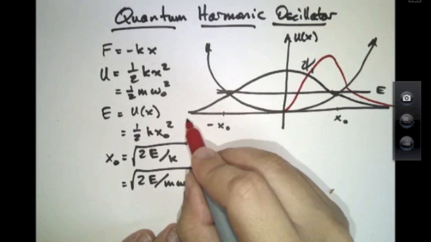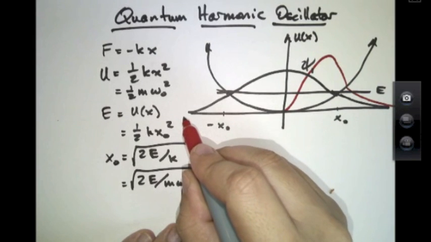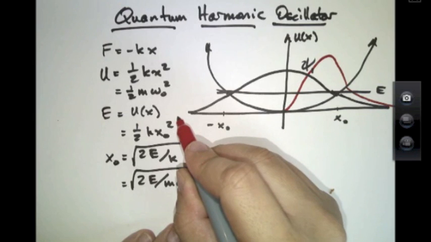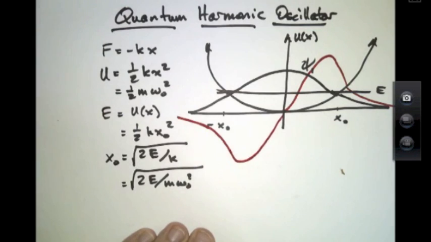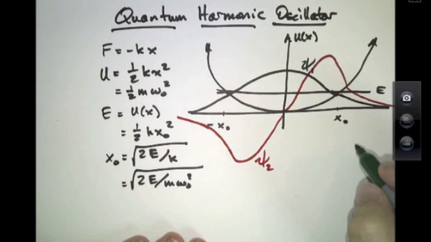And this will be an odd state, as opposed to psi 1, which was an even state. Sure, I haven't drawn that exactly symmetric. Psi 3 would go back to being an even state again, and would penetrate even further into the classical region.